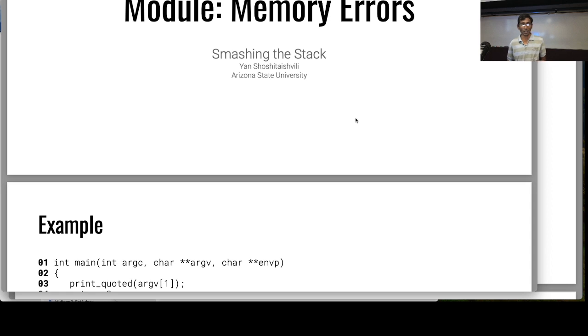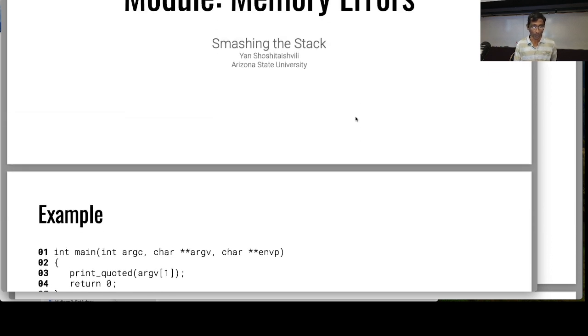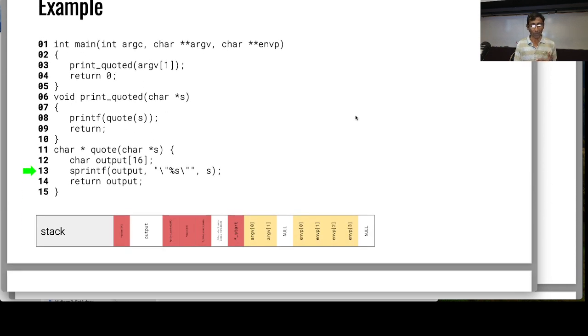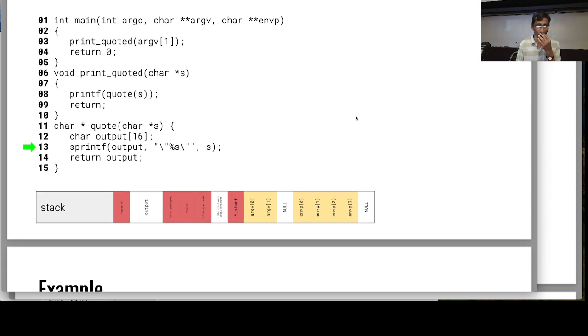Most of the errors in binary exploitation occur because of overflowing the stack buffer. So we smash the buffer, we write beyond the buffer size. So what's the buffer size?